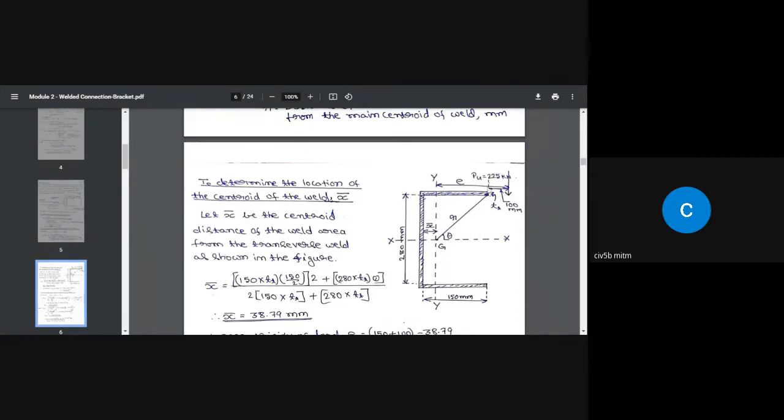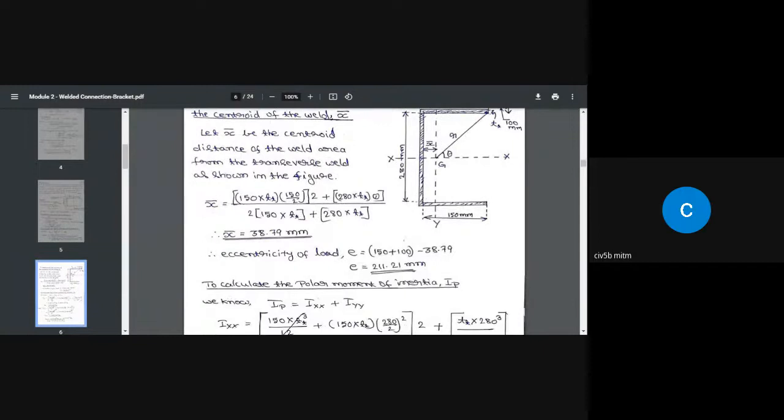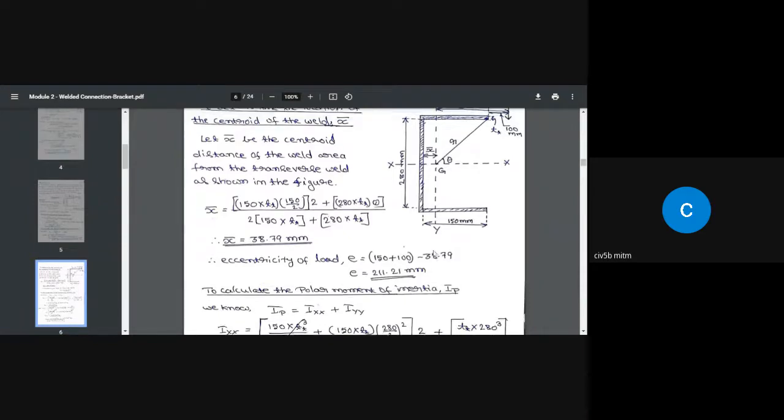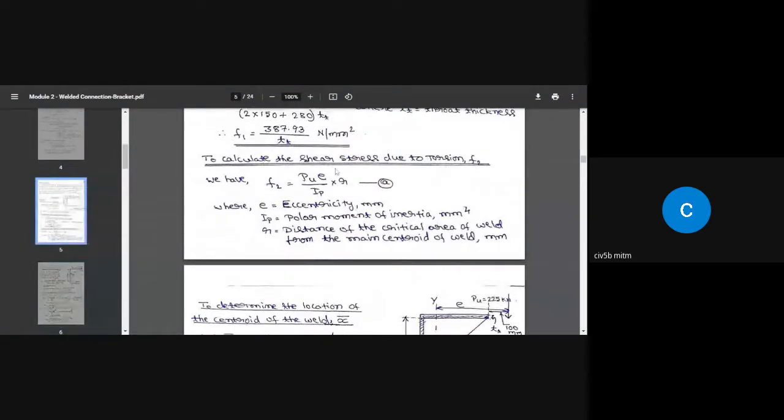That is 150 minus 38.79 will give you this distance, plus 100 will give you the eccentricity. So here I have written 150 plus 100 minus 38.79. E is the eccentricity. Once you have the value, E is calculated.